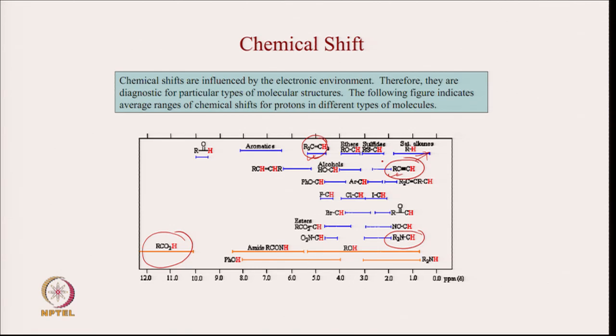And then you can see here alcohol, and compare between this alcohol and RCO2H group. So, this acidic proton is more downfield shifted, or higher chemical shift, compared to an alcohol proton. It is because they are very acidic.